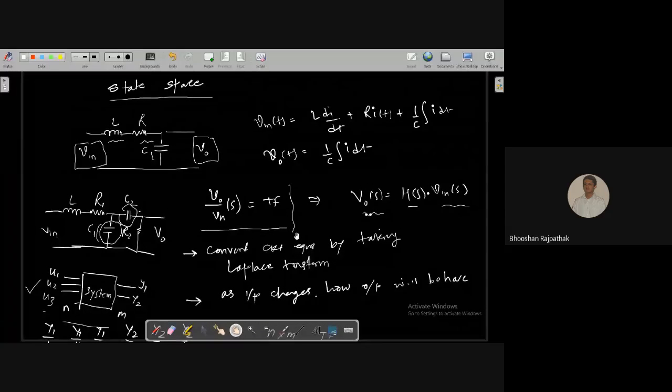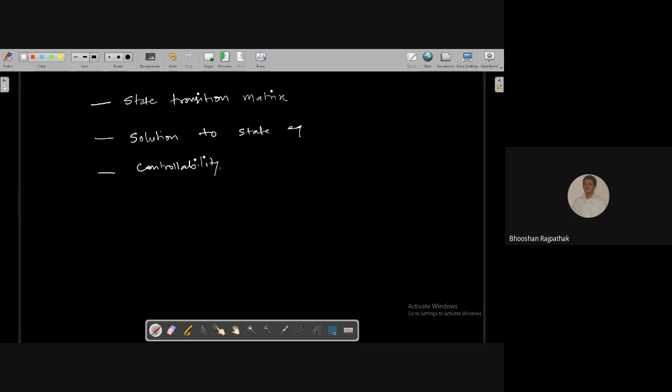Now, the typical problems which we face in state space, and what is important with respect to GATE: the state transition matrix, solution to the state equation, controllability, and observability.